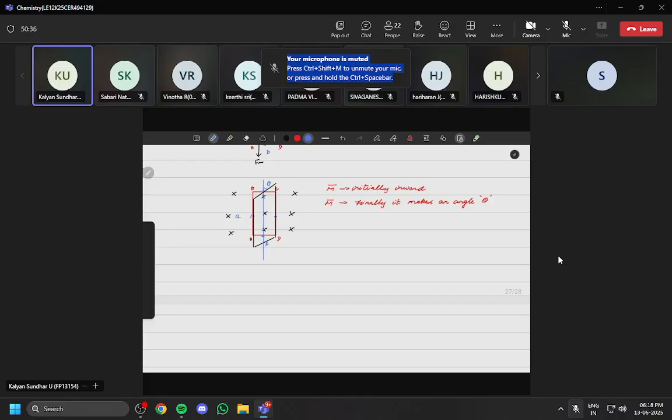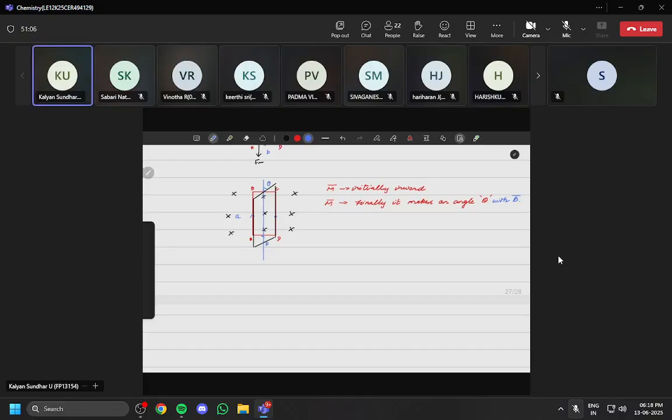The magnetic field. The magnetic field was inward before, and m bar was also inward, so they were parallel to each other. Now I have only rotated the loop, so the m bar vector alone makes an angle. The angle between m bar and your magnetic field will be theta. So it makes angle theta with your magnetic field vector.